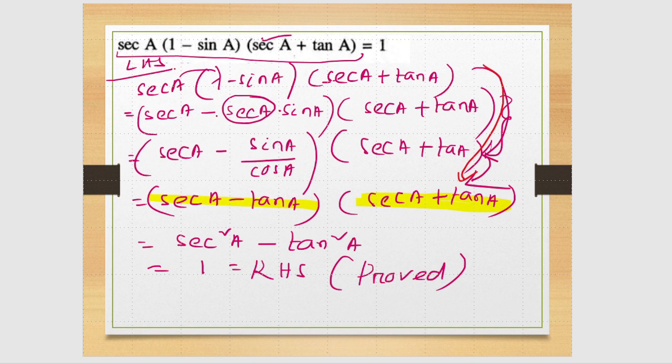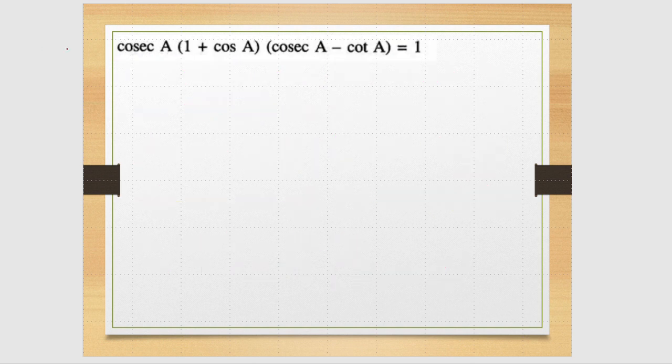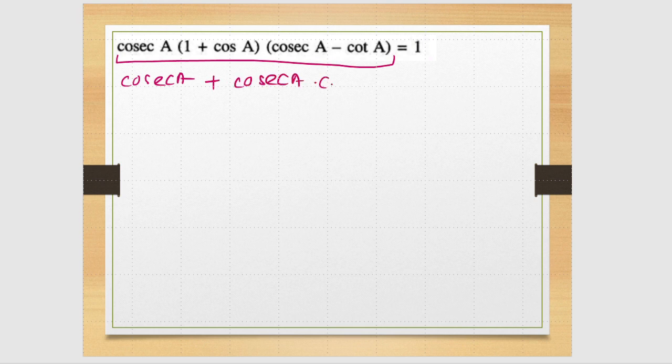Okay, now come to the next problem. This is exactly like the previous problem. So what is there? LHS is this one. So open the LHS. Cosec A plus cosec A into cos A, over cosec A minus cot A. Okay students, now I am solving this in two steps.